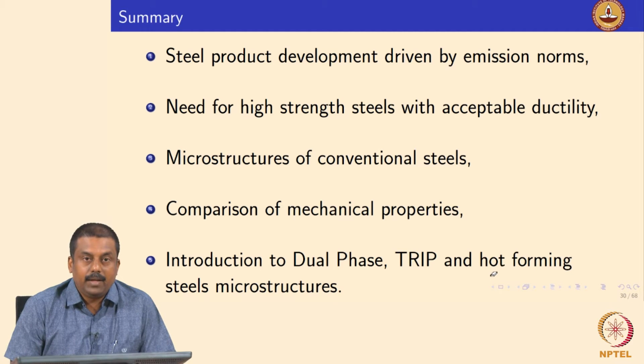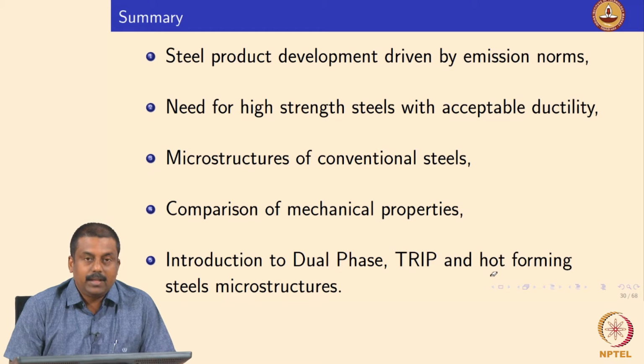So we went ahead and developed some of the advanced high strength steels such as dual phase steels, TRIP steels, and complex phase steels. So we looked at the comparison between mechanical properties of DP steel and TRIP steels. Why, with a given yield strength, DP and TRIP provide much more superior total elongation as well as high UTS.